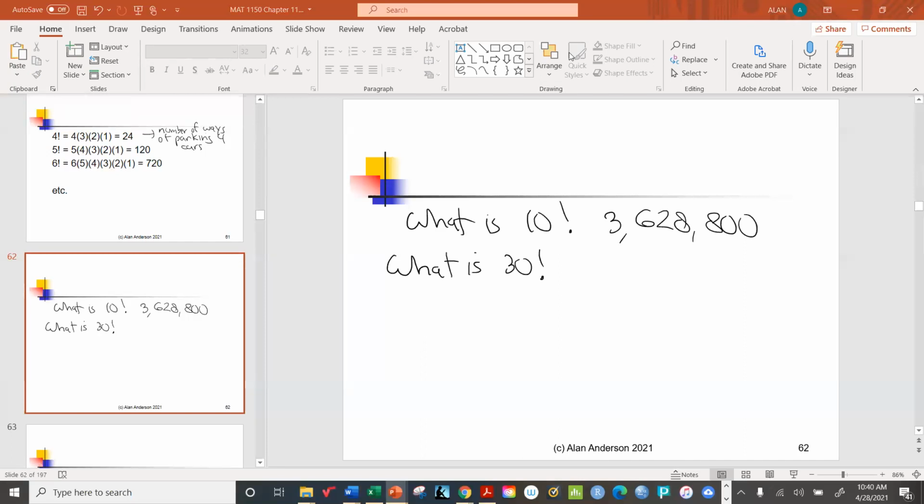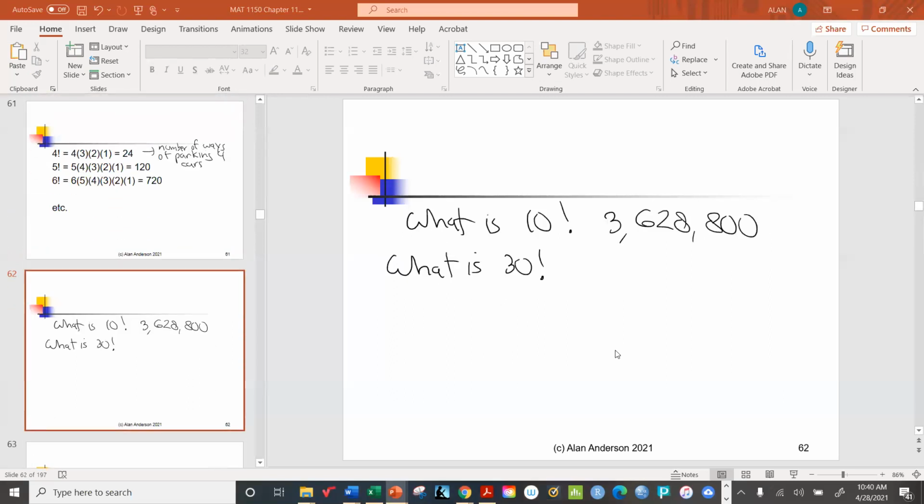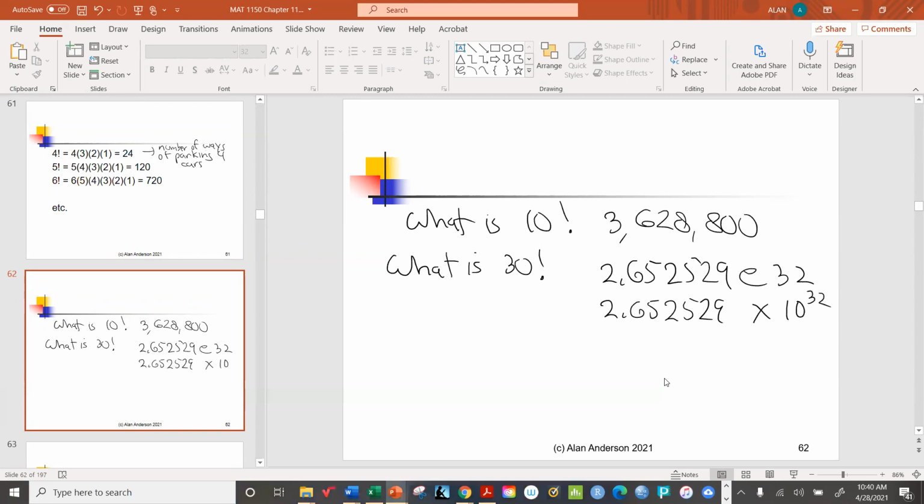You're probably wondering, what is that all about? Why does it have that strange look to it? So it's equal to 2.652529. And depending on your calculator, some of them will say E, some of them might say E plus, some of them might just have a blank there. This is scientific notation. The number is so large that your calculator can't show it in that window.